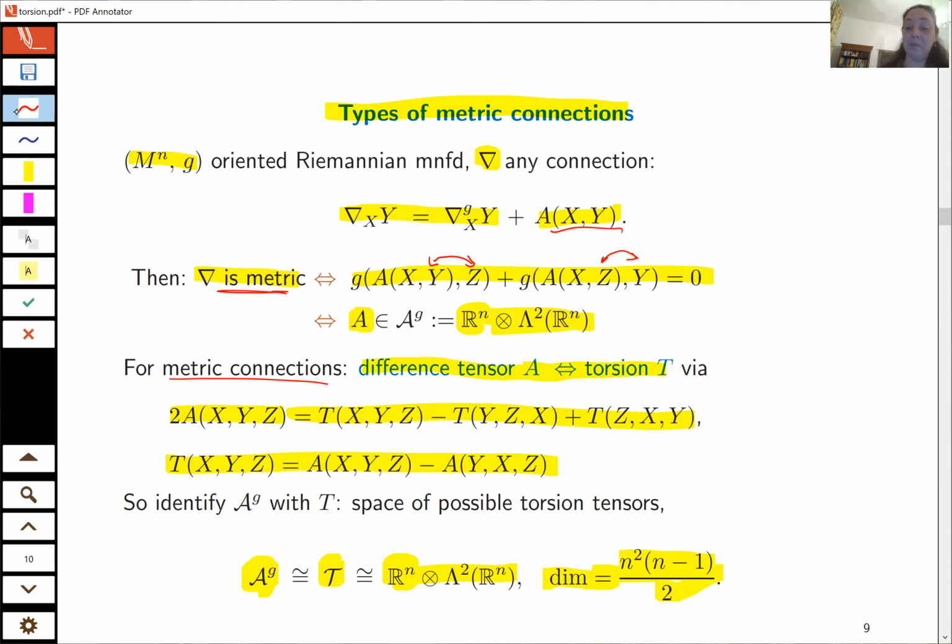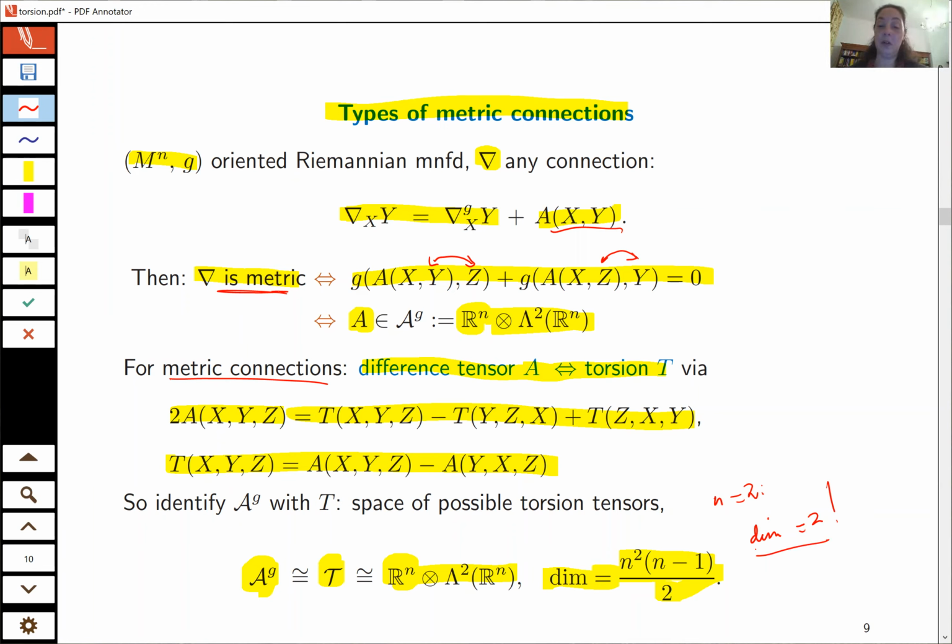In particular, for the case of surfaces, when n equals 2, the space of tensors where you have the freedom to choose your difference tensor or equivalently your torsion is 2 times 2 times 1 over 2, so the dimension is 2. In dimension 1, the question isn't interesting, and in dimension 3, then you start getting something.